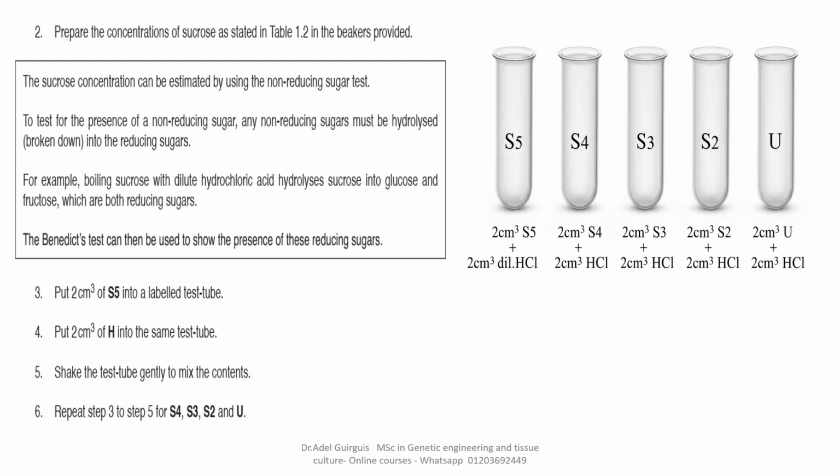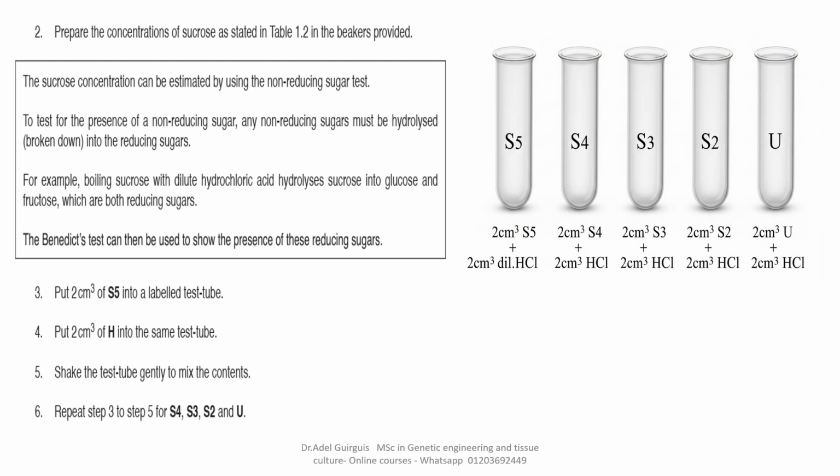In steps, here we label 5 test tubes: S5, S4, S3, S2, and the last one for the unknown sample of sucrose concentration. For each test tube we add 2 cubic centimeter of sample of sugar, and in step number 4 we add 2 cubic centimeter of dilute hydrochloric acid.